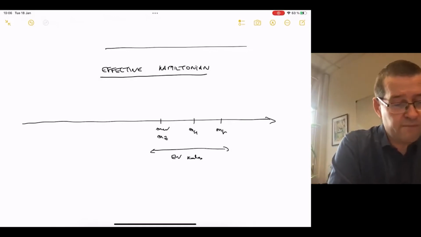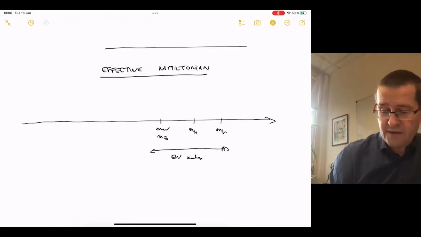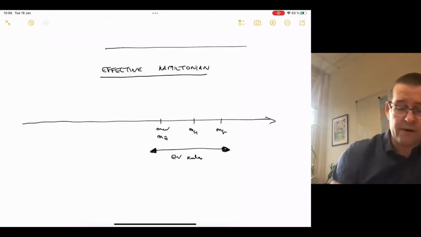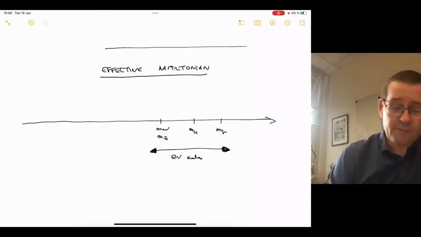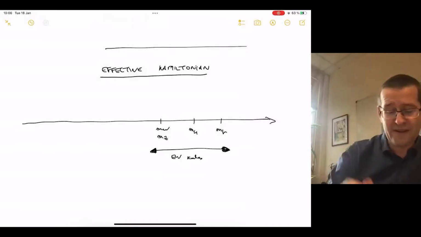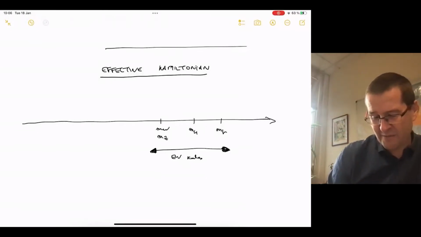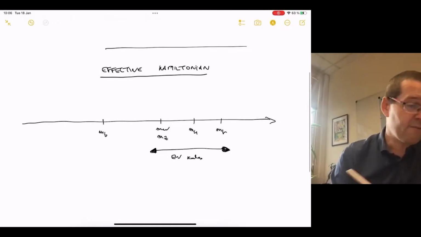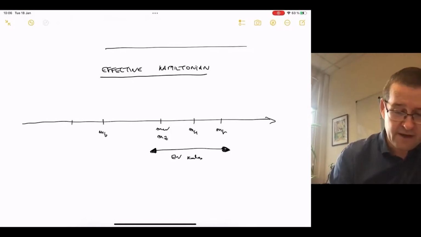But then, as we discussed already, we have to deal mostly with fermions that have a mass scale which is much lower. So apart from the top, which has a very specific position in this landscape, then you have the bottom quark mass and then the charm quark mass.